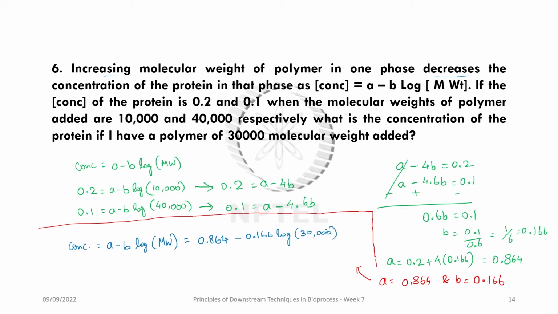First, log of 30,000 is 4.477, into 0.166 is 0.7432. So the answer is 0.12, is what I get.